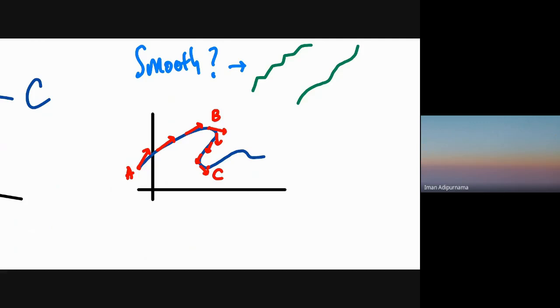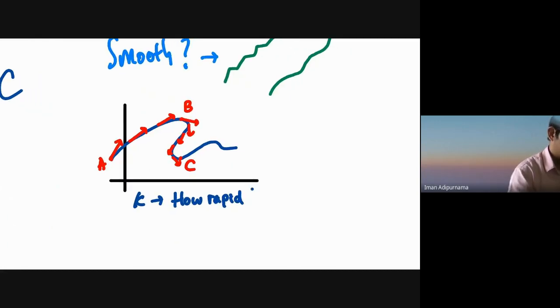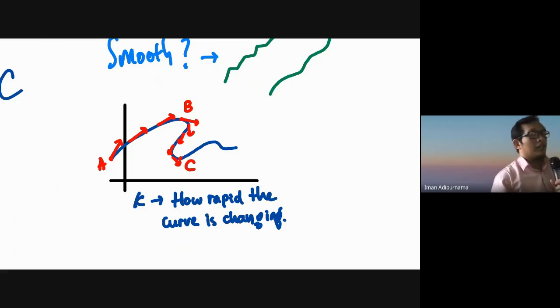Okay, so we can also say the curvature is how rapidly the curve is changing. And by changing, we need to be able to calculate or evaluate it.